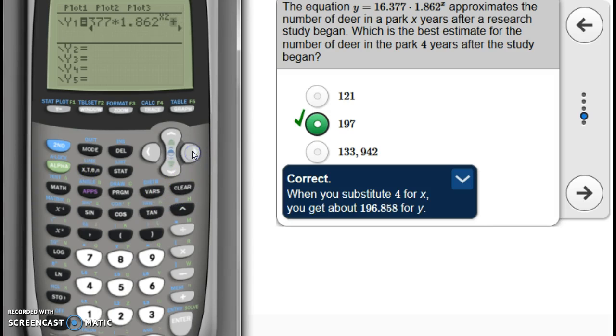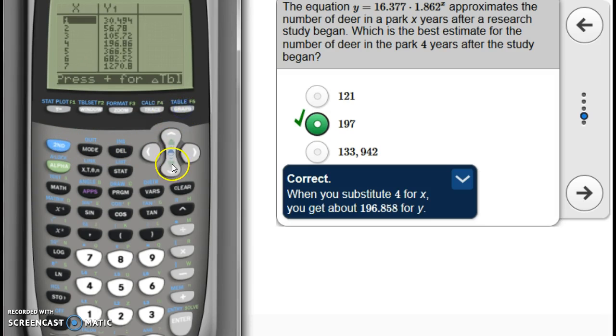Make sure everything else is cleared out. And I'm just pressing the delete key. I'm going to delete that one. Okay. And I would go to second table again, scroll down to 4, and there we have the same value.